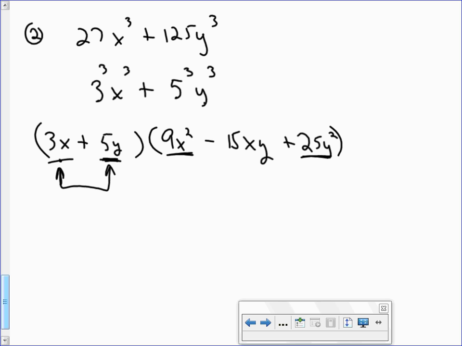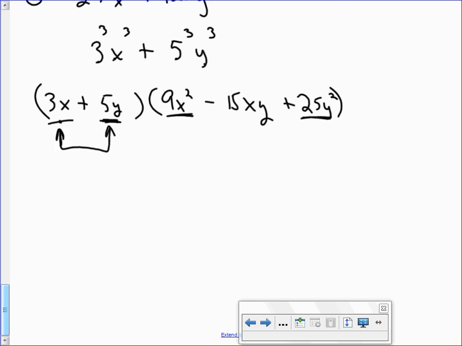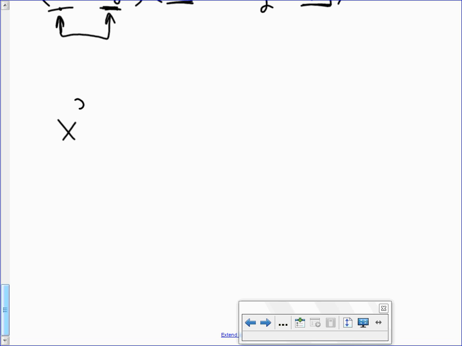That is called sum and difference of cubes, and it is a factoring pattern that you need to memorize. Now, as a little aside, I'm going to backtrack for just a second. Look at this one, as a reminder. Is this the sum or difference of two cubes? No, this is the difference of two squares, so it's a different factoring pattern, and you factor that one as x plus 4 and x minus 4.